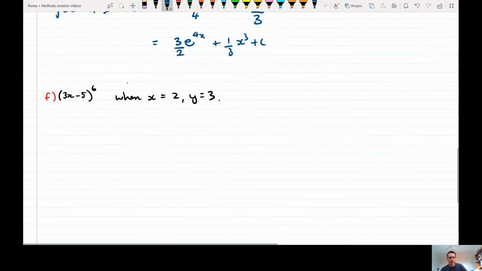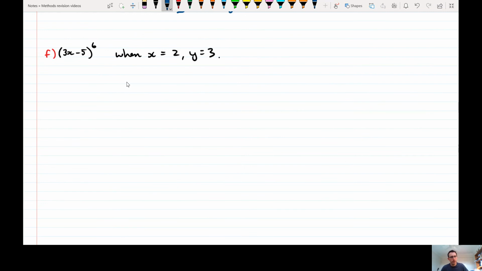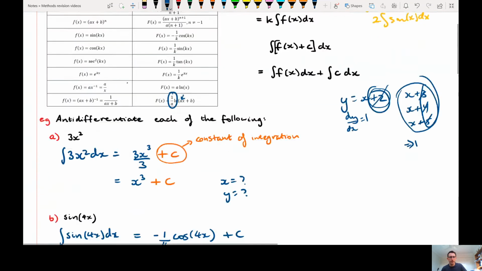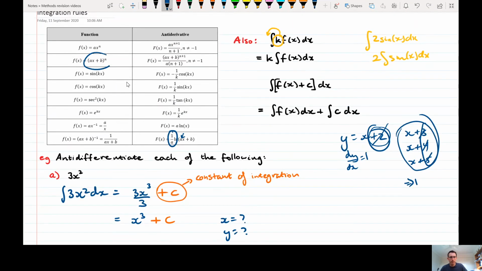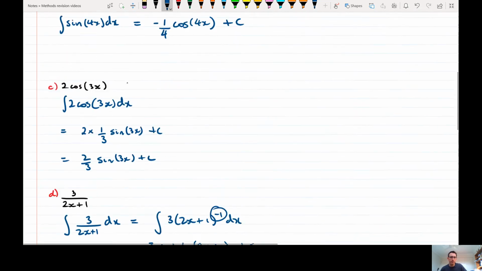Final one, this is that rule where you increase the power of the brackets by 1. That's the second rule up here. So anytime you have a bracket like that, as long as n is not negative 1, we increase the power by 1, divide by that new power, and we also divide by the coefficient of x, because in the derivative that would have come out the front and multiplied.